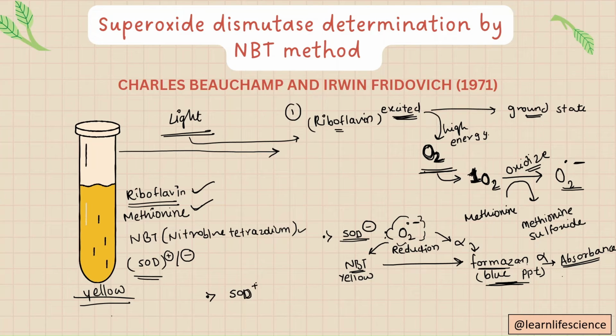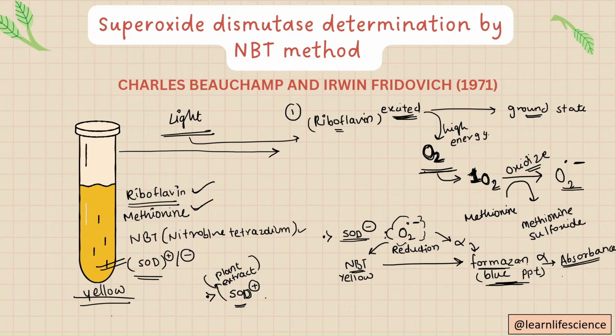Now if we consider the second condition, in which superoxide dismutase is present in this reaction mixture, for example, you are providing it with your plant extract. This plant extract is your test solution, in which you are targeting to determine the superoxide dismutase activity present in the plant extract.